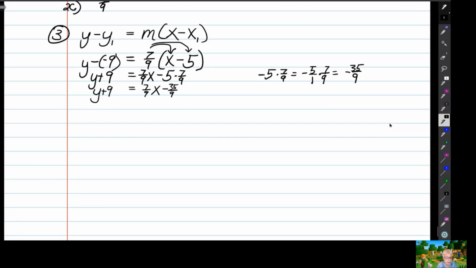Then to get y by itself, I'll subtract 9 and subtract 9. So y equals 7/9 x. You can do this in the calculator or you can do it by hand. Let's do it in the calculator.